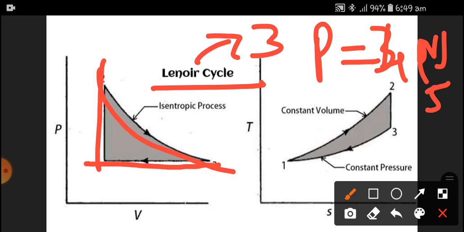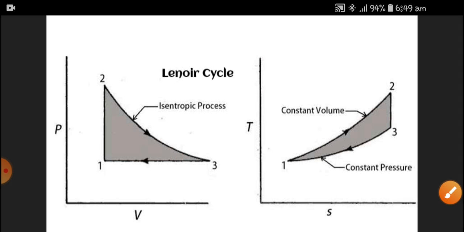So constant pressure heat addition, isentropic expansion, constant volume heat addition, isentropic expansion, and constant pressure heat rejection happen. So this is a pulse jet cycle. It is a closed loop cycle, a closed cycle. So this you have to remember.